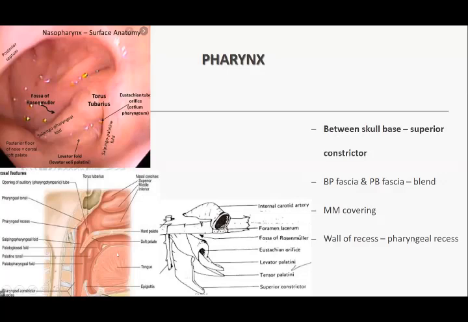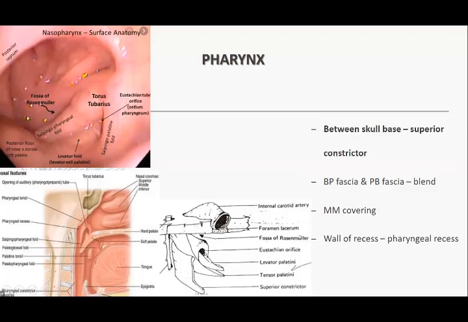I am projecting this drawing only for this reason. This is the opening of the eustachian tube. Okay? And posterior to the eustachian tube is this gap. Sorry. This gap is the fossa of Rosenmuller, the pharyngeal recess, and immediately posterior to it is the internal carotid artery.